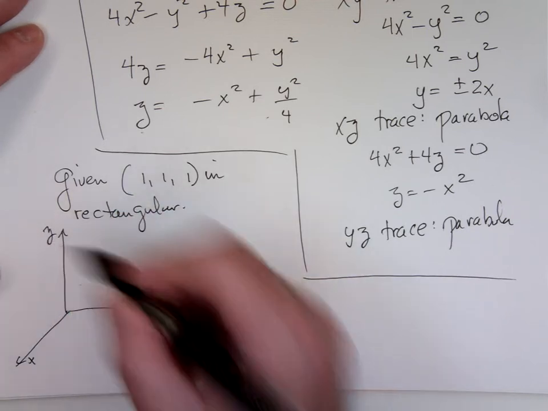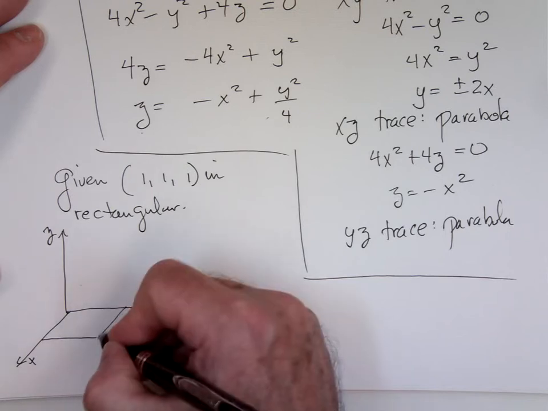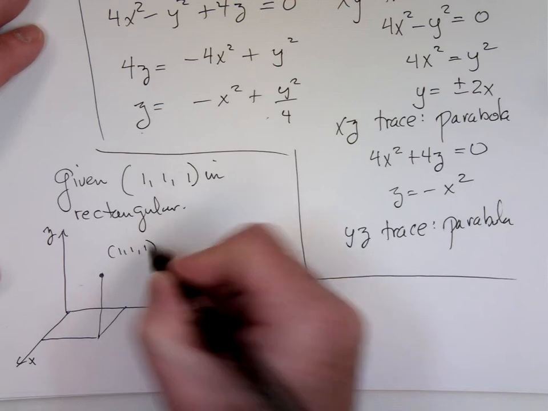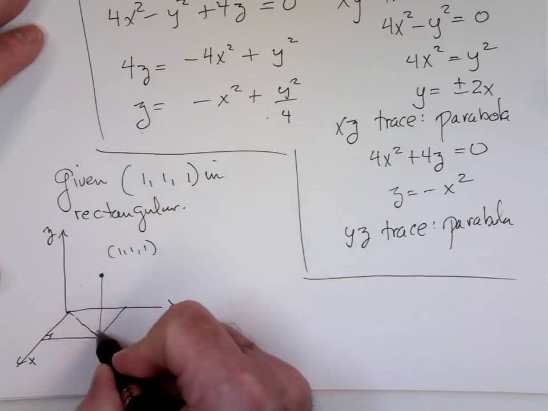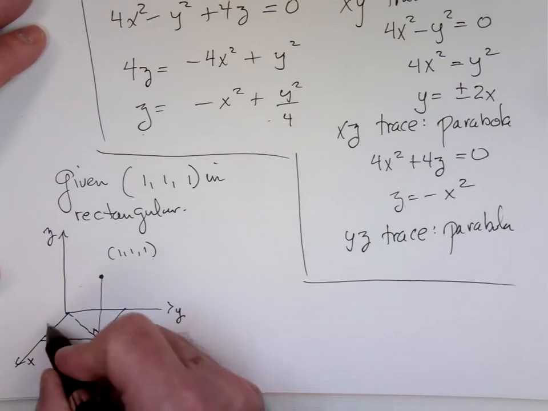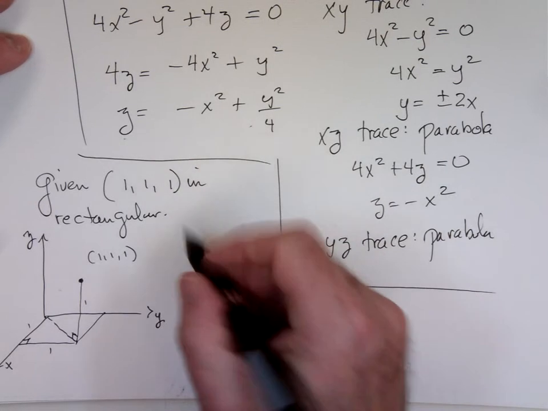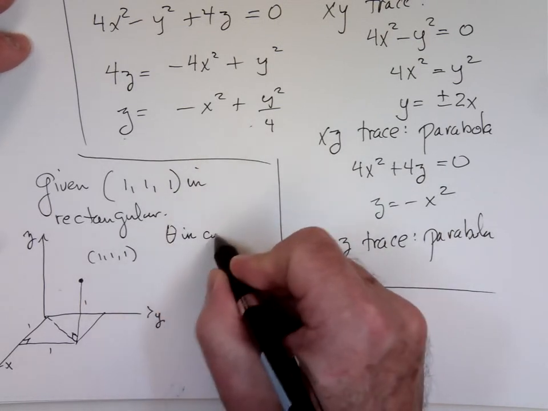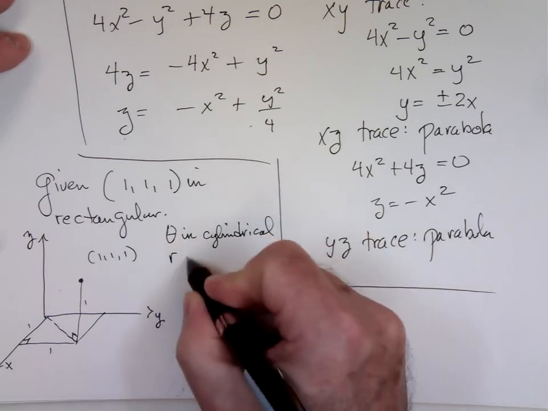Okay, so you've got 1, 1, 1, say. That's rectangular. I'm going to ask for things like theta in cylindrical, or r in cylindrical, as far as that goes.